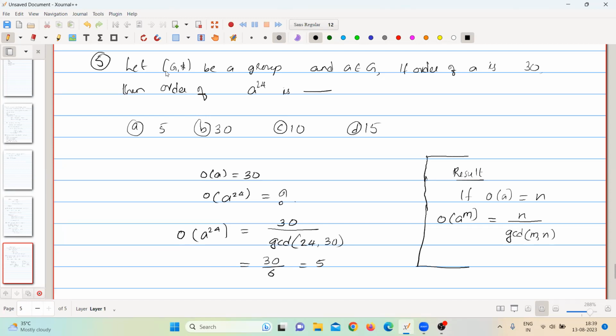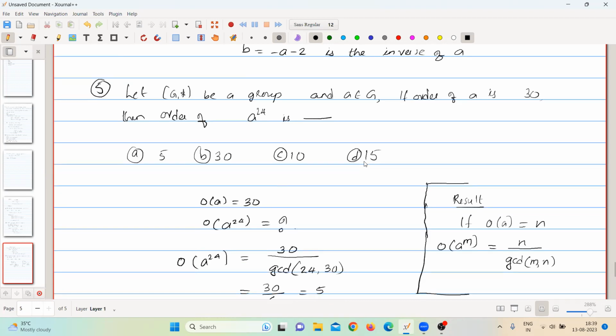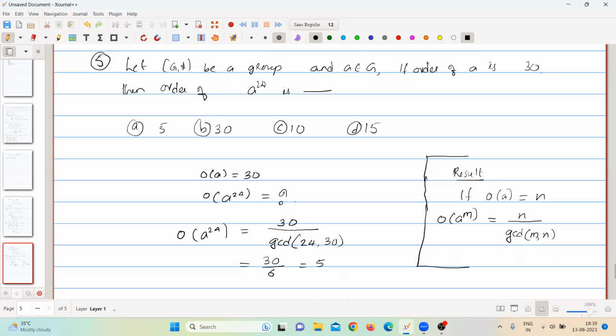We are just saying some G is given and the order of A is given. So here we can use the formula only. Other than this, I don't think substitution will work. Okay, substitution also will work actually.